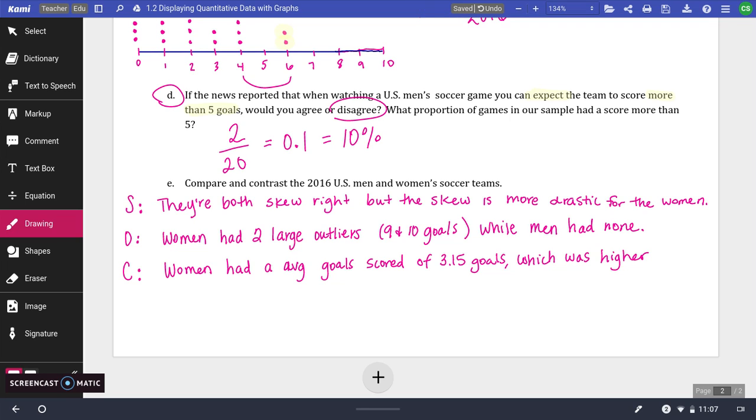Which was higher? What does that suggest? Okay. What conclusions can we make? I was saying use complete sentences and I'm already not making sense. Women had on average goals scored of 3.15 goals, which was higher than the men's.